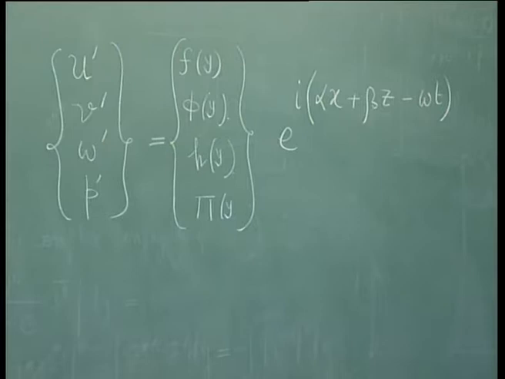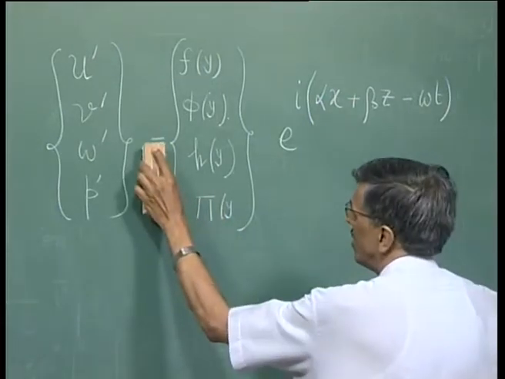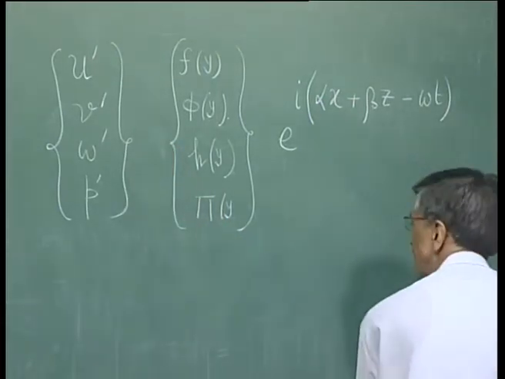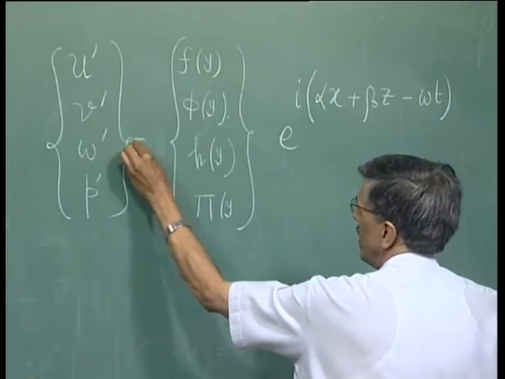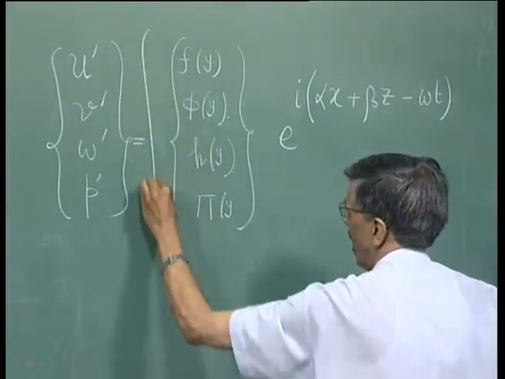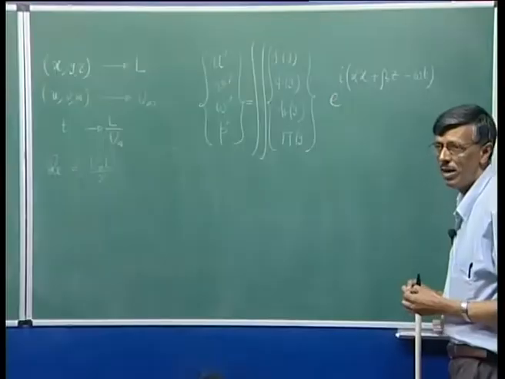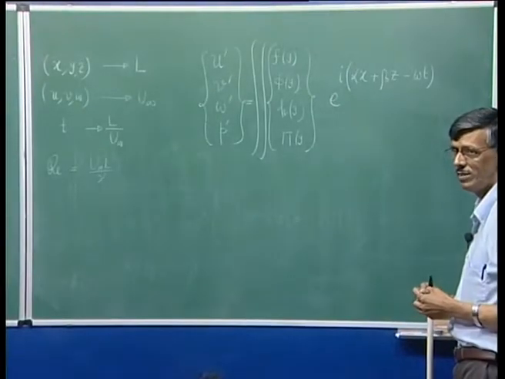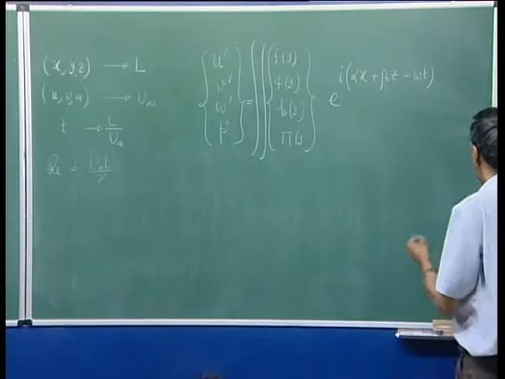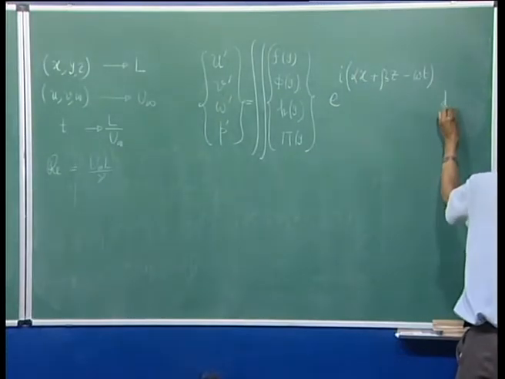Ideally speaking, if we are looking at the generic case, then we should have written it like this, that this equals all possible values of alpha and beta.